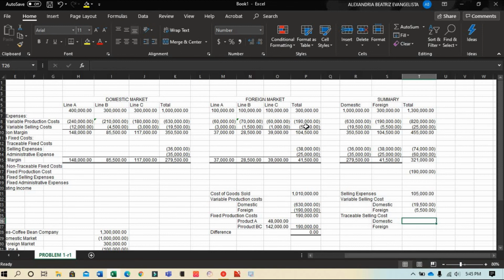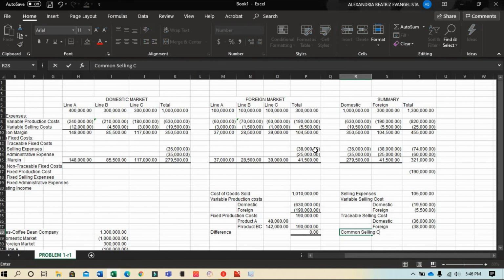Woo, calm down, dogs. Okay. For the domestic, it is 36,000, and for foreign, it is 38. So we're left with the common selling cost.